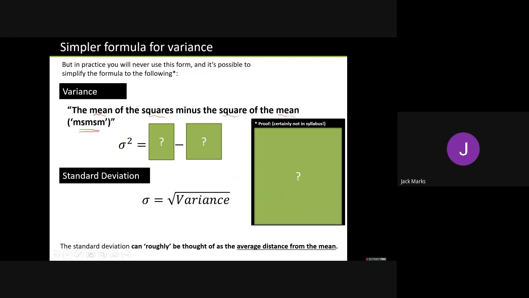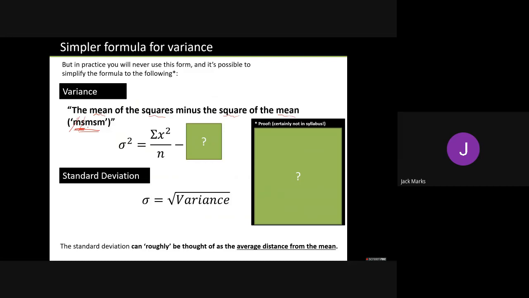So my advice, as long as you can remember that it's M and S, and you can remember the first two parts, and the words are sort of the same, you should be okay here. So the mean of the squares is about squaring numbers. Mean is about adding them all up and dividing by how many there are. So the first part's going to look like this. The squares, and then the mean, we add them together, we divide by how many there are. That takes care of M and S.